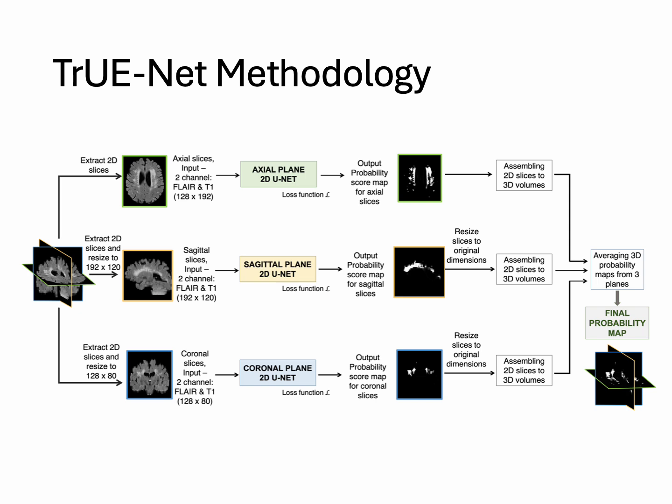Here we have the slices in the 3 dimensions which we assemble to form 3D volumes, one from each individual dimension. We now combine these 3D volumes by taking the average of the 3 volumes to get the final probability map. This is our probability map. This is the output of TrUE-Net, which we have to threshold to get the final binary segmentation map.